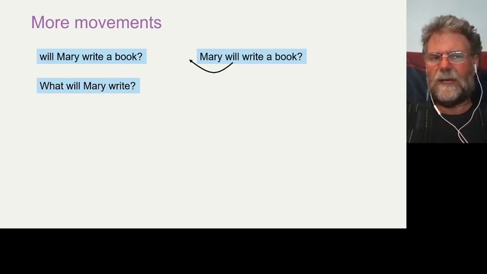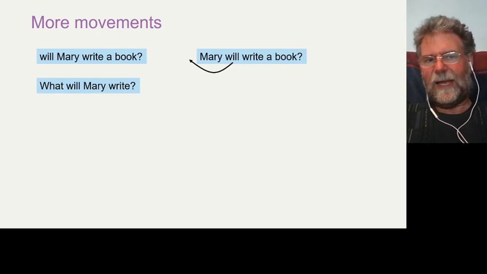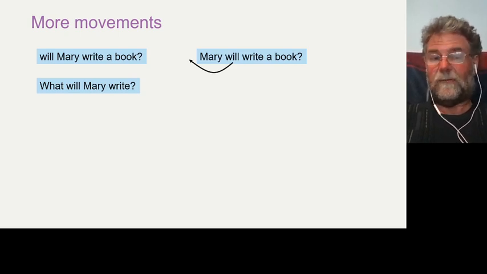We've also got this what element. But if you think about it, that what is interpreted as the object of write. Write is a transitive verb and therefore needs an object. And of course, we don't see an object here in the object position. The reason for that is that the question is about the thing that is written.